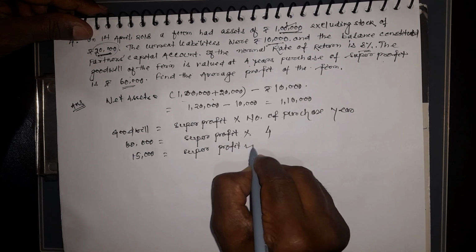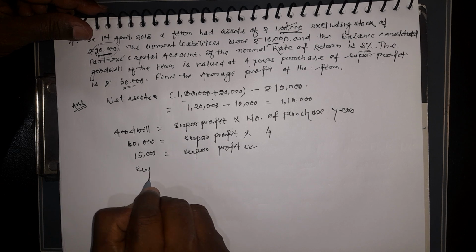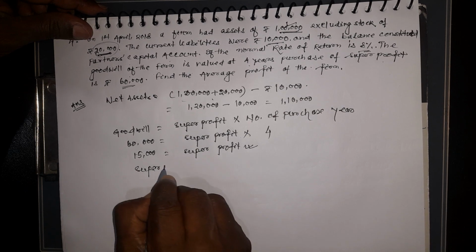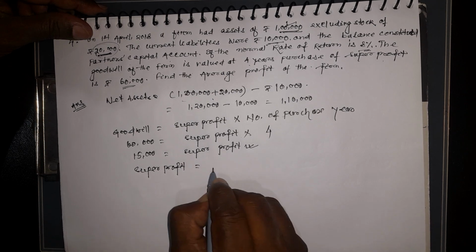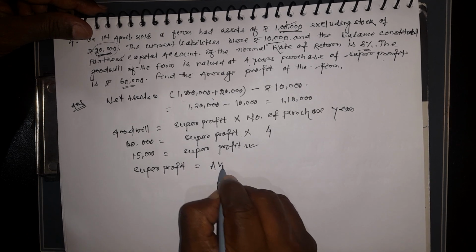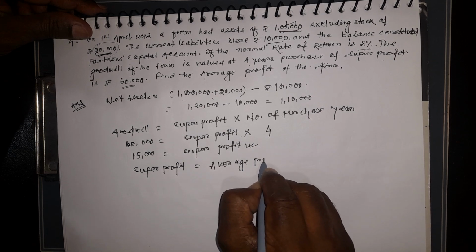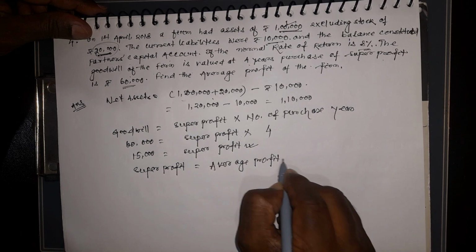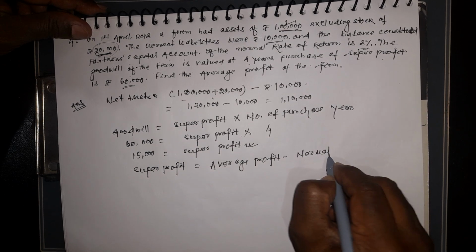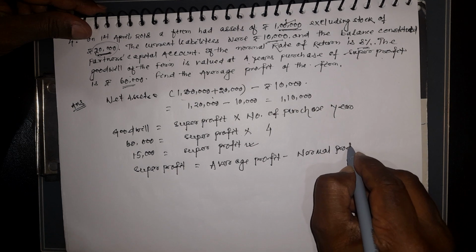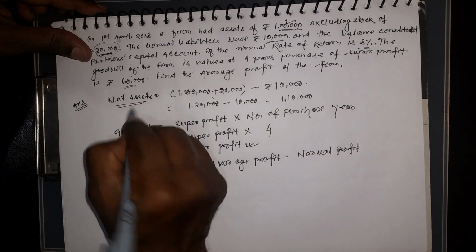After getting the value of super profit, now we will put the formula of super profit. Super profit formula: average profit minus normal profit. Normal profit can also be written using capital employed.